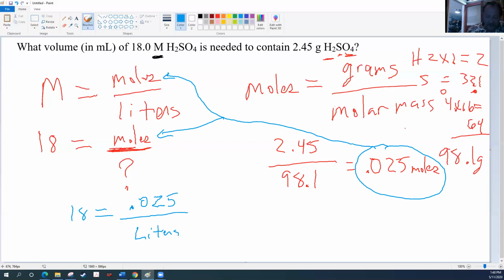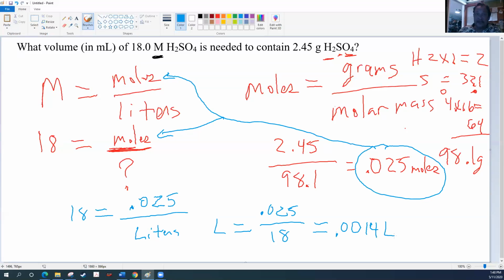And when we solve for liters, liters is going to equal 0.025 divided by 18. And that's going to give me 0.001, I'm just going to round it up to 4. And that's in liters.